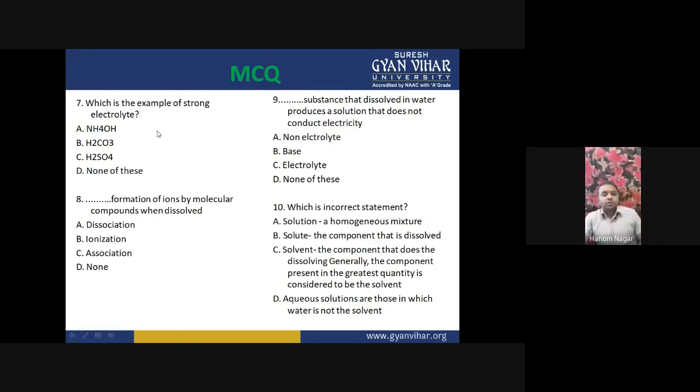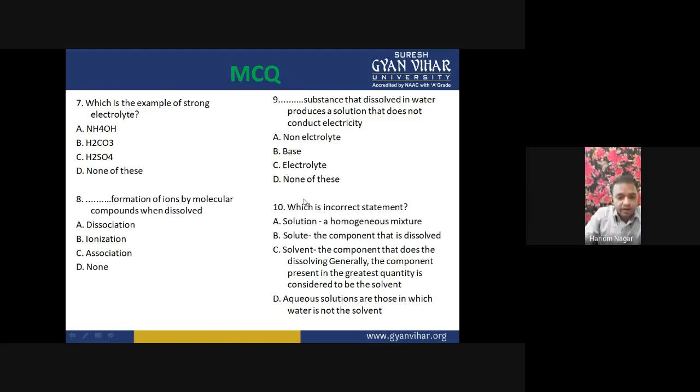And now question number 9: a substance that dissolved in water produces a solution that does not conduct electricity. Which compound on dissolution does not conduct electricity?